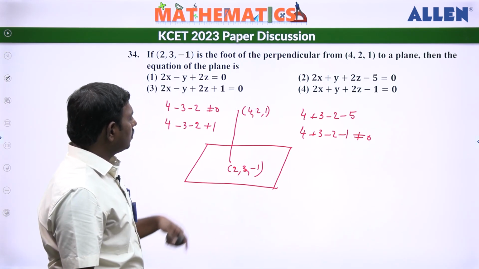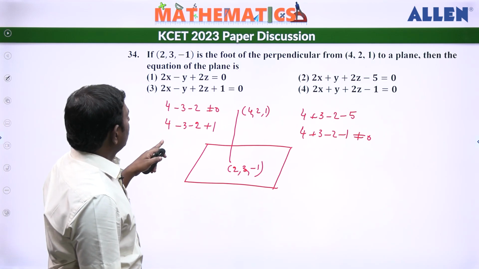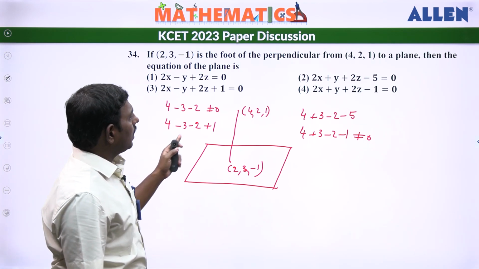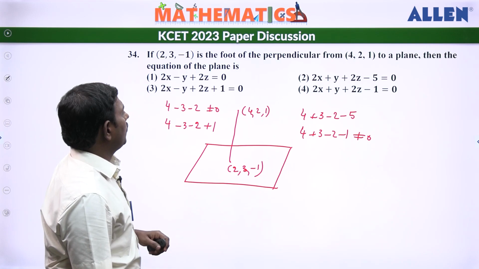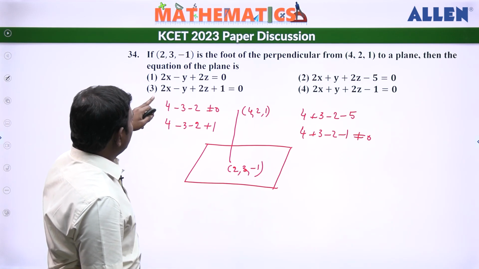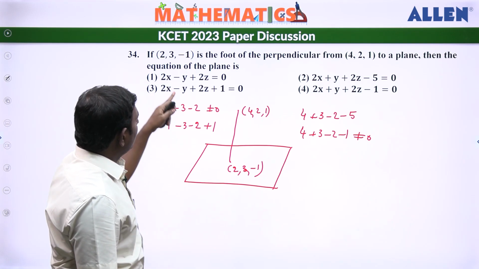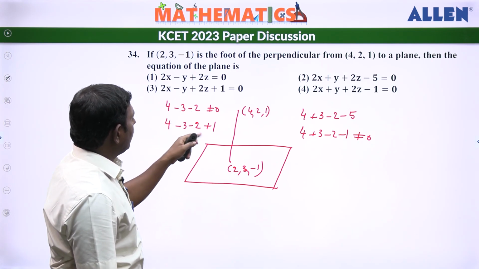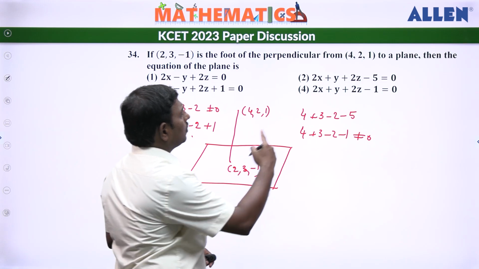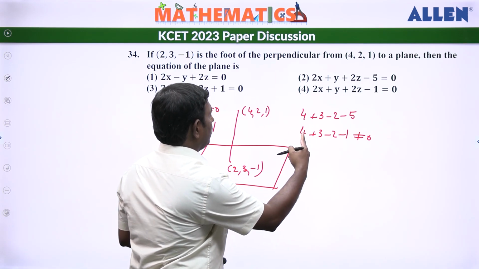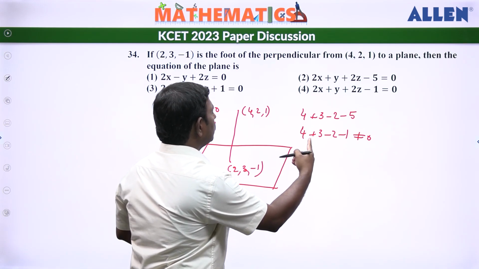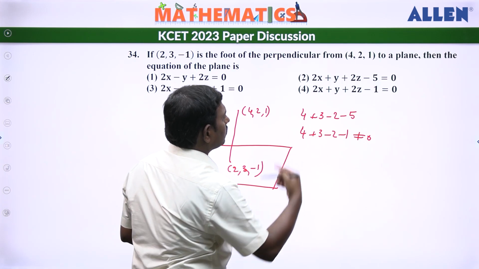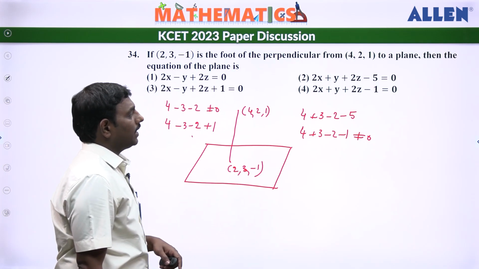Now between option number 3 and option number 2, we need to verify again. Option 3: 2 times 4 minus 3 minus 2 plus 1, that is 5 minus 5, 0. And option 2: 4 plus 3 is 7, 7 minus 2 is 5, 5 minus 5 is 0. So these two options are satisfying.